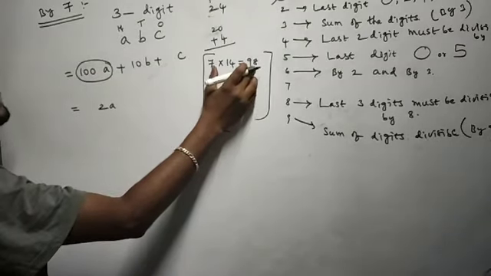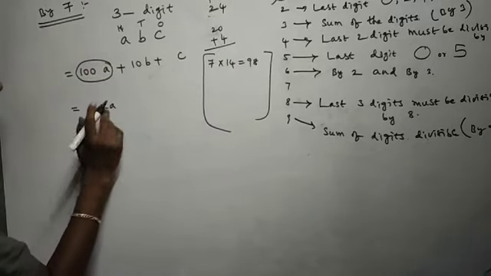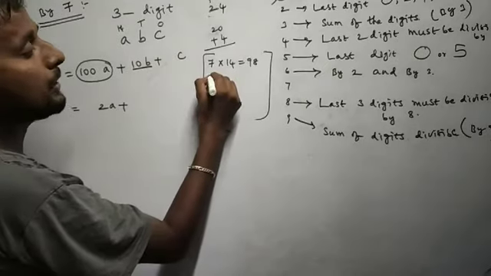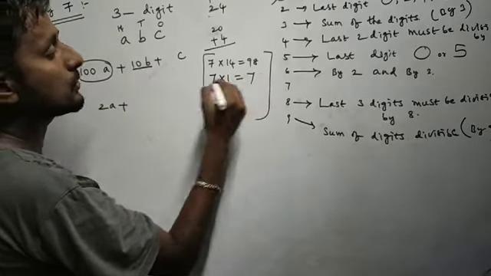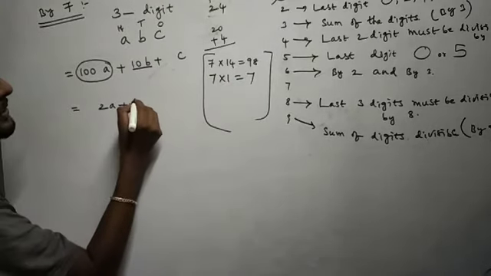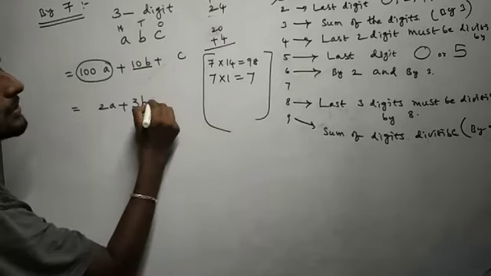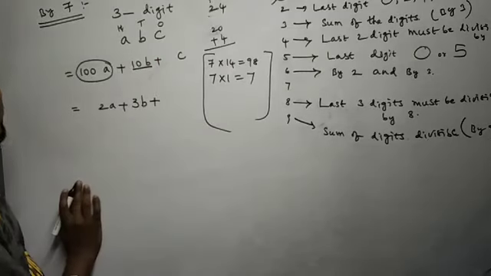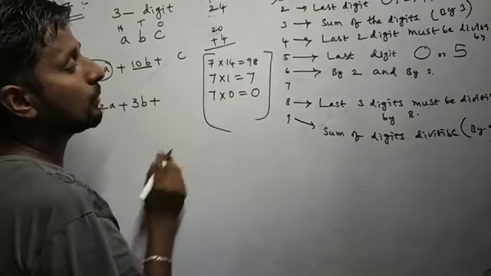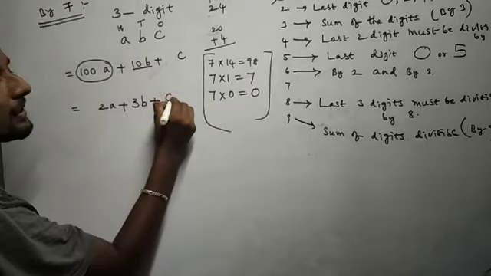Plus, we have 10 next. I know 7 ones are 7, so from 10, up to 7 is divisible. So the extra is 3, and we have B also, so 3B. Plus, just before I said 1C: 7 zeros are 0, so up to 0 is divisible, so 1 is extra. Simple, I'll write C as it is.